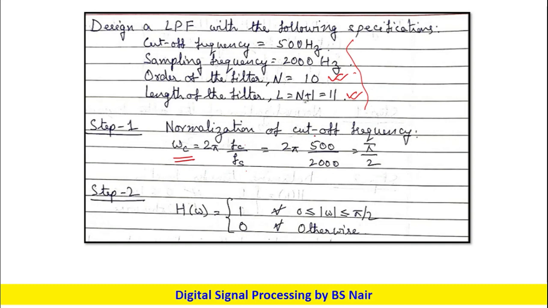Now fc is 500 hertz and fs is 2000, so it comes out to be pi by 2. From here you have to find out the transfer function values, and from there calculate the other parameters and the transfer function.